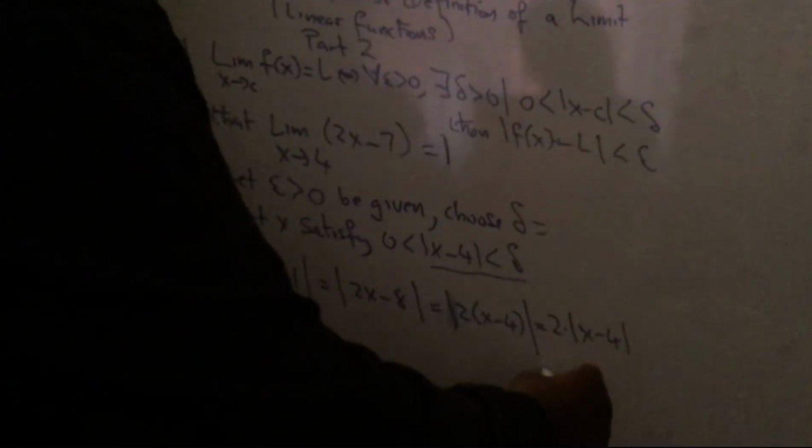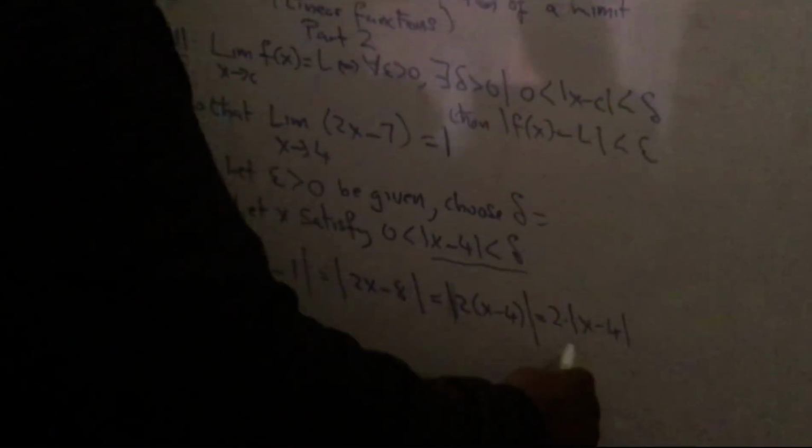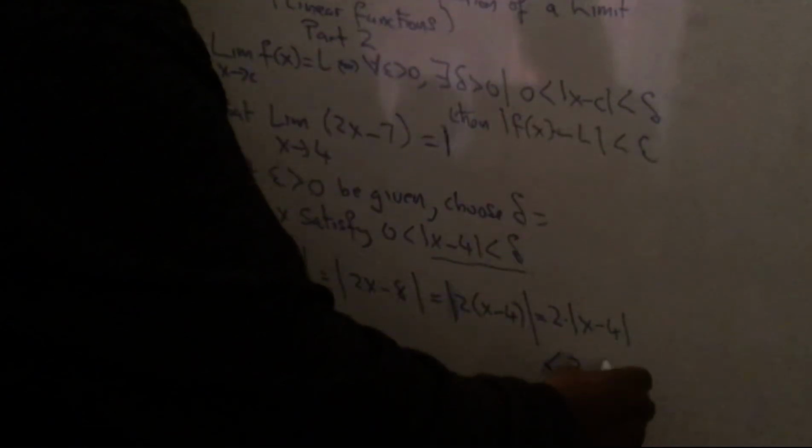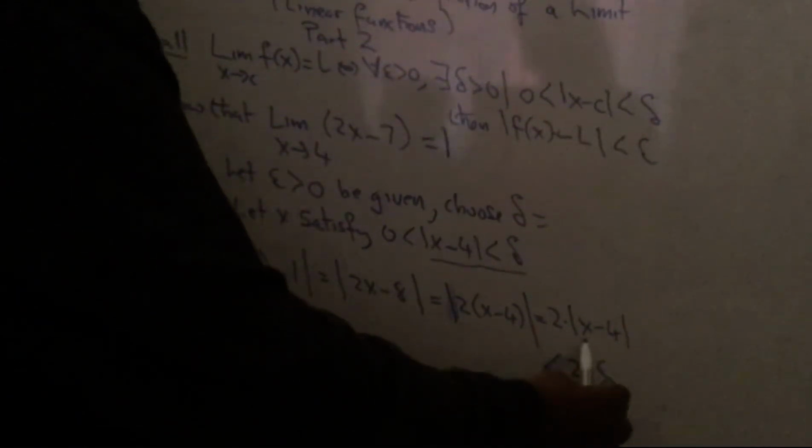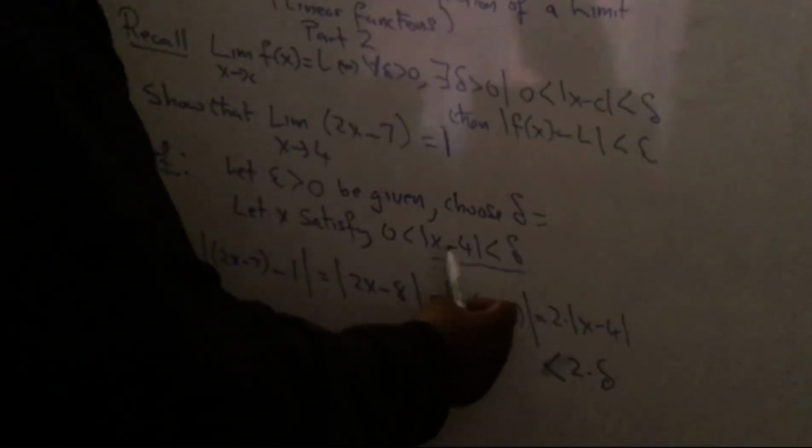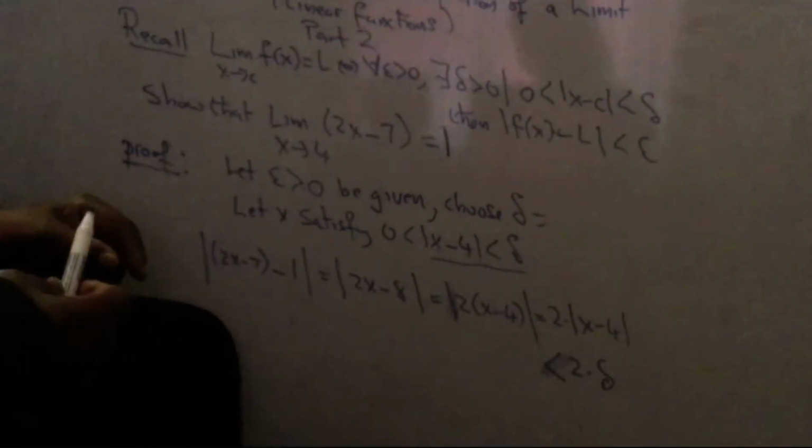So we can write this as less than 2 times delta. There's x minus 4, and that's related to that. So we can write that in that format. We want this to be less than or equal to epsilon.